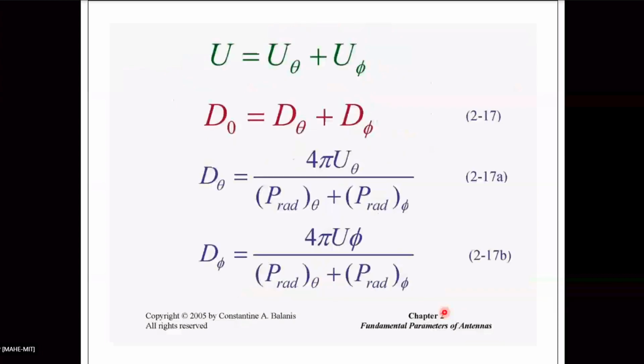So U is equal to U theta plus U phi. D naught is equal to D theta plus D phi. D theta is given by 4 pi U theta over P_rad. Since we are computing total power, we have to compute both, P_rad due to the theta component and P_rad due to the phi component. Likewise D phi is 4 pi U phi over P_rad.